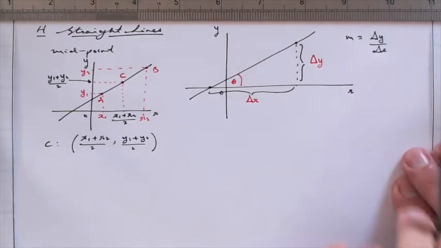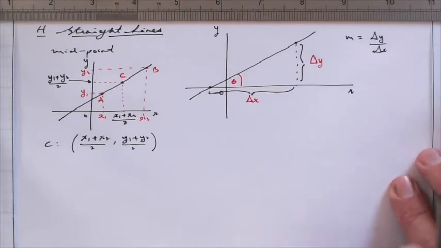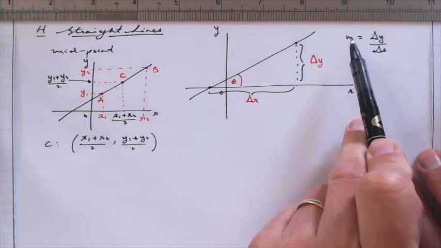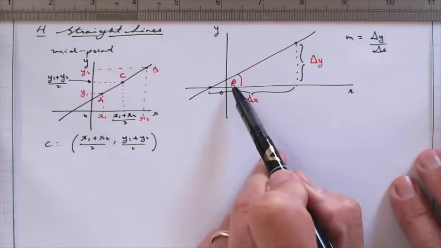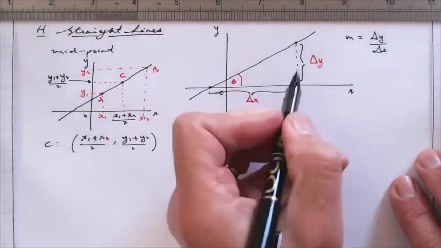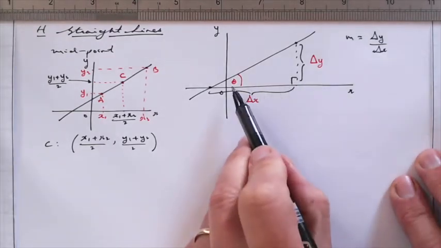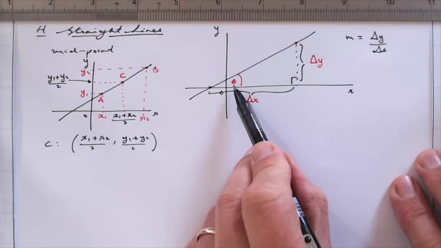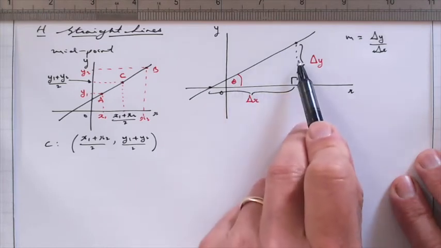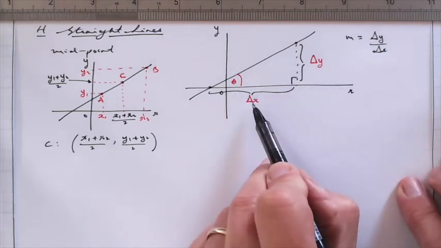Now what's very immediate, I think, and you'll see this straight away when I point it out, if we want to relate this slope of the line to the angle theta, we just have to remember our trigonometry definitions. This is a right angle triangle, and we can see that the tangent of theta is defined to be the opposite over the adjacent.